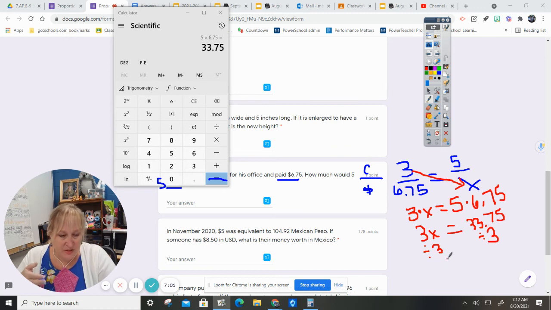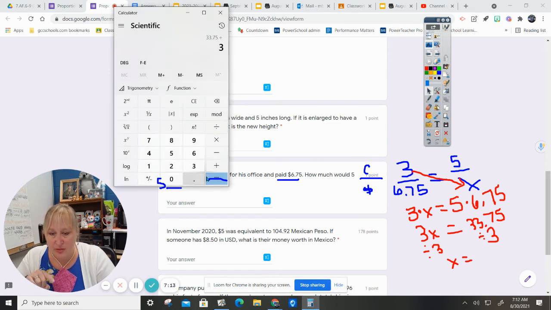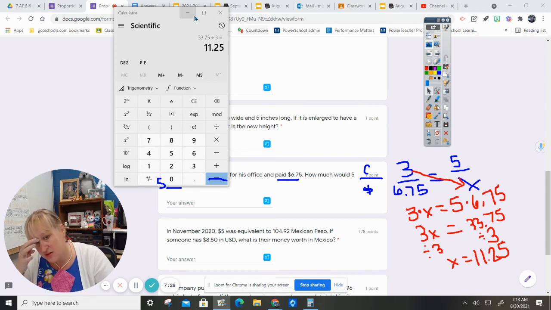I think I can do this in my head. I think it's 11 1/4. But let me double check it by using the calculator. So 33.75 divided by 3 equals $11.25. So $11.25 is how much 5 coffees cost.